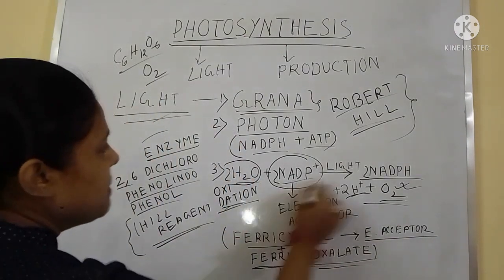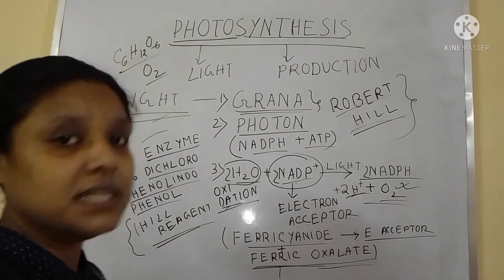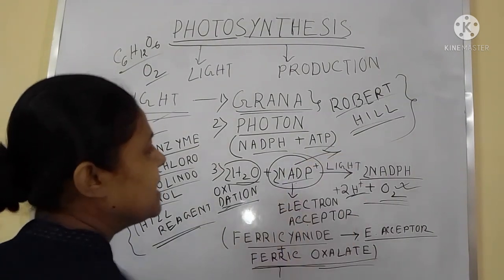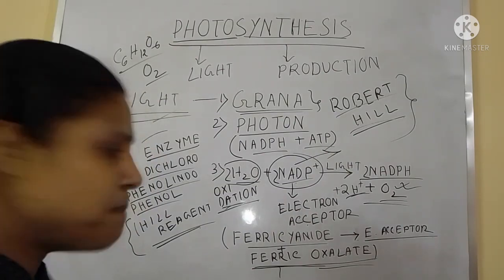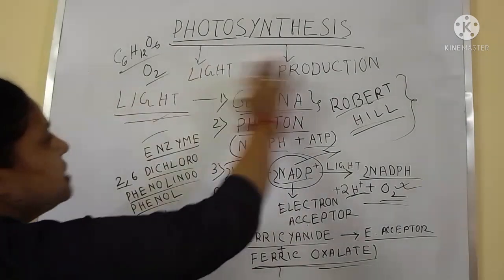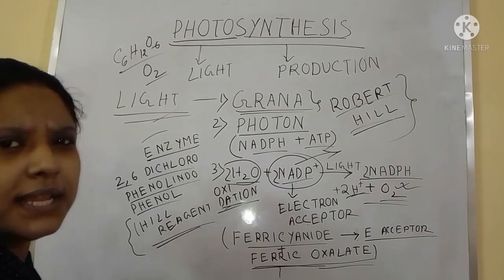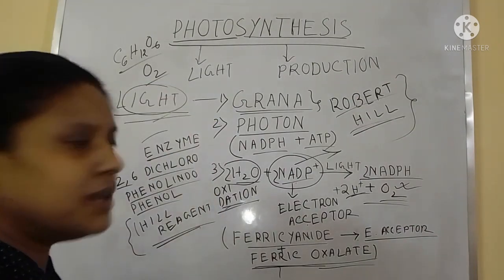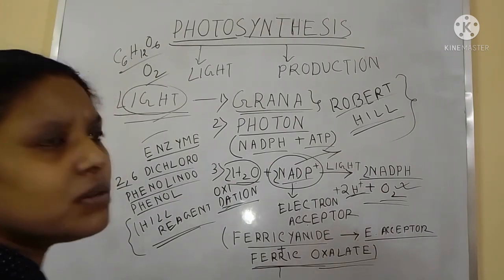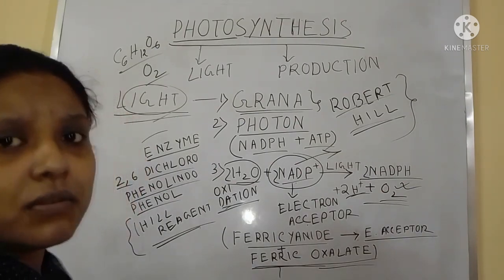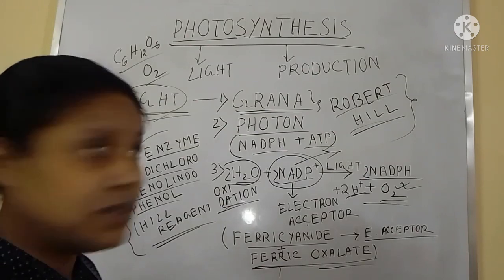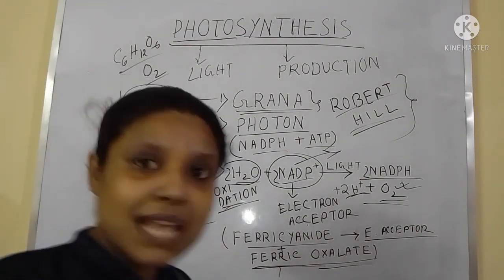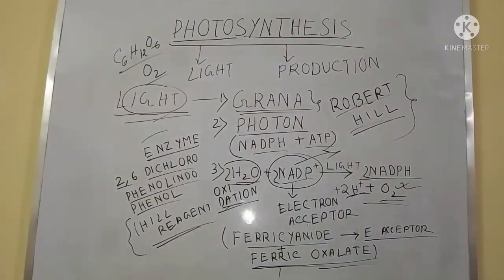And NADP plus is already present in the plant's cell. This is the biological electron acceptor. Okay. So this is general. Very shortly I just explained what happens in the light reaction. Clear? I also explained today very briefly what reactions occur in the dark phase, but I will explain elaborately in my next videos. Clear?